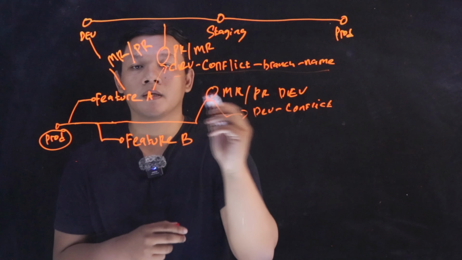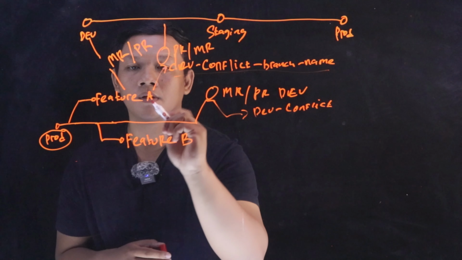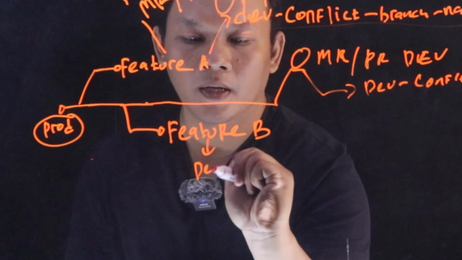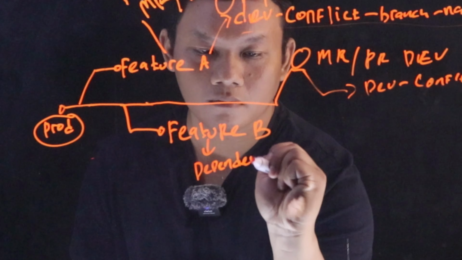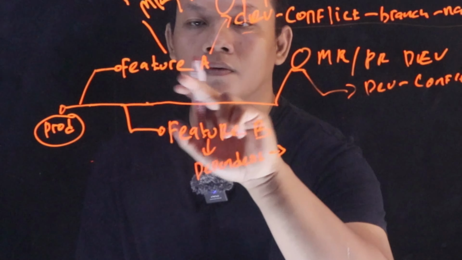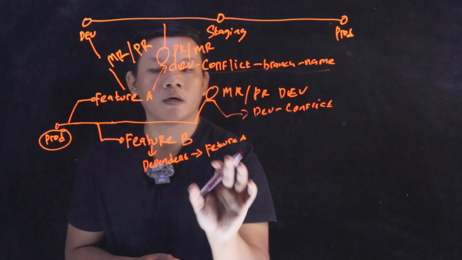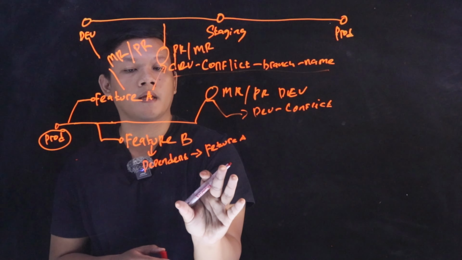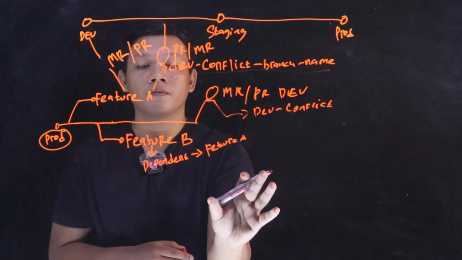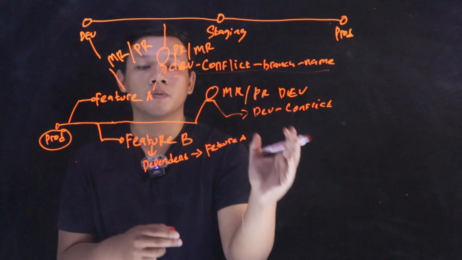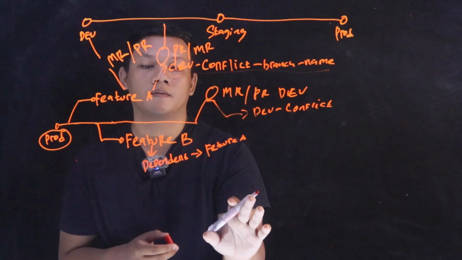I'm not sure about GitHub, but with GitLab, which we usually use, we could mark this feature as dependent on feature A. This way we can keep tracking if there's a dependent feature or dependent branch when the specific branch wants to move to another environment.